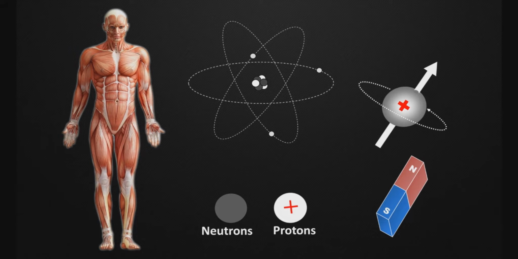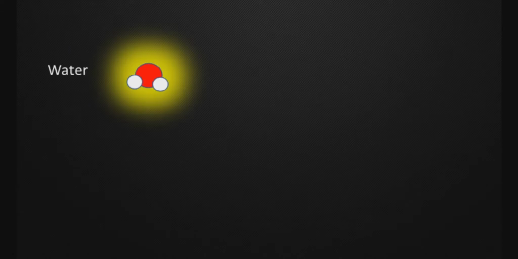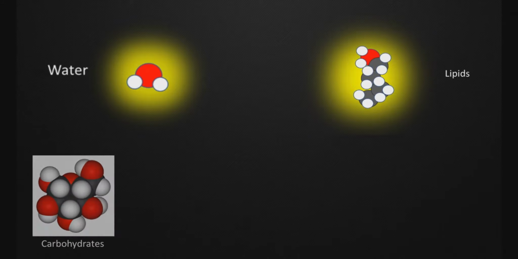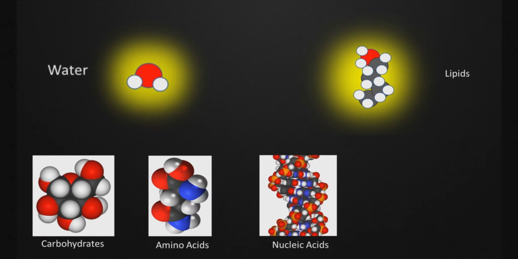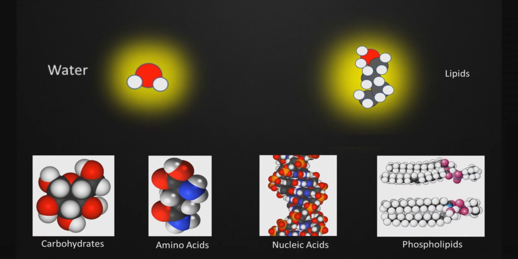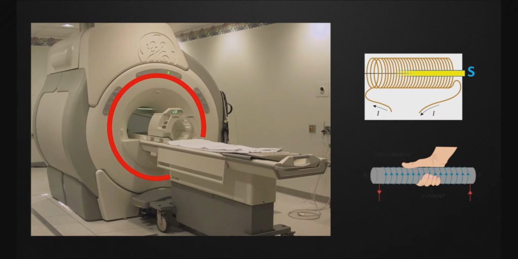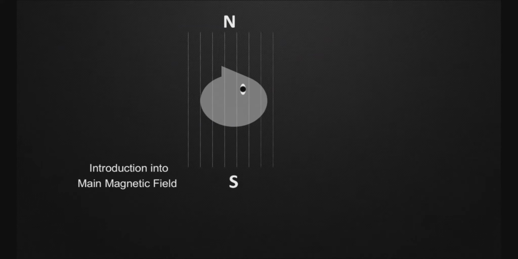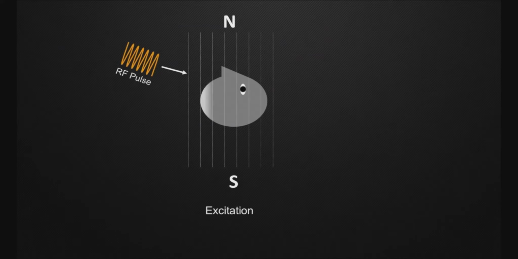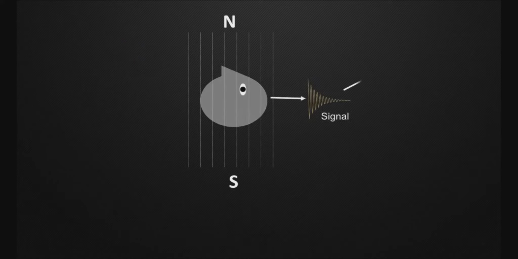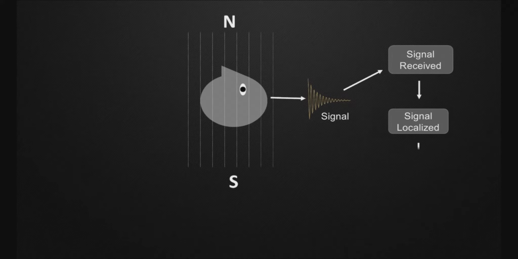The hydrogen nuclei constituting the various structures of the body, present in the water molecules, fat molecules or macromolecules, with or without contrast agents, are placed in a powerful magnetic field generated by a superconductor solenoid. On being placed in this external magnetic field, the protons enter the excitation and relaxation phase, thus emitting NMR signals, which are processed to form a magnetic resonance image.